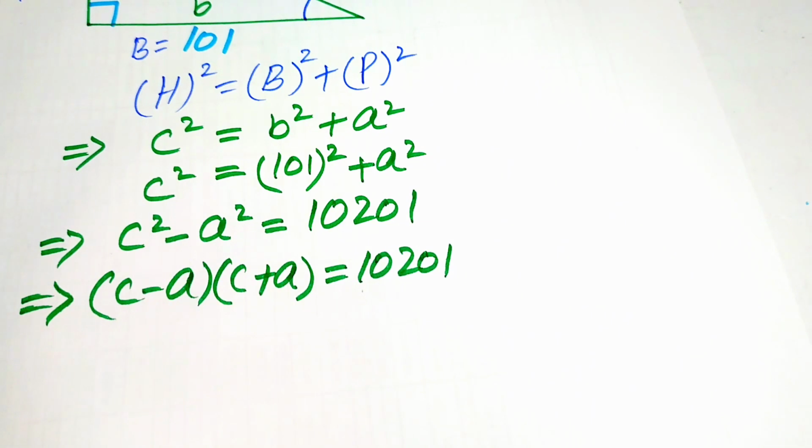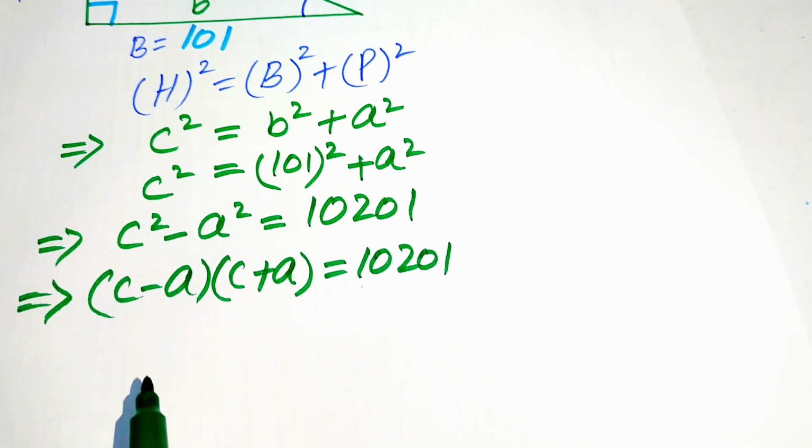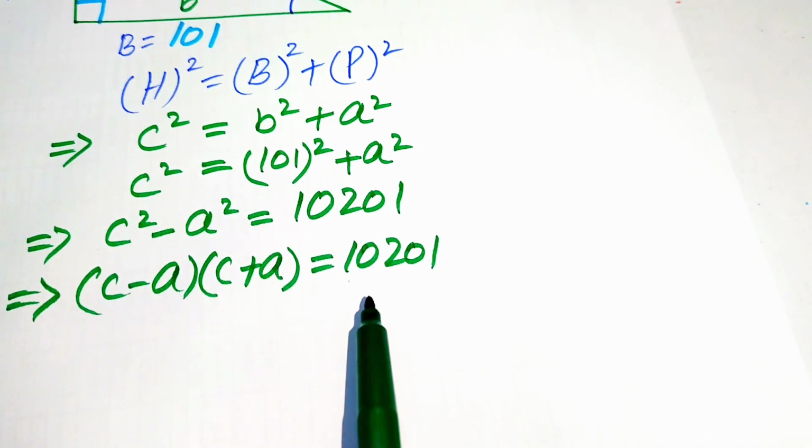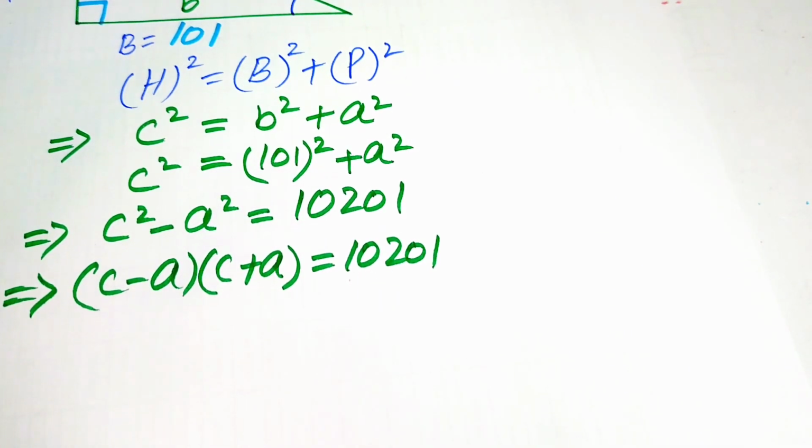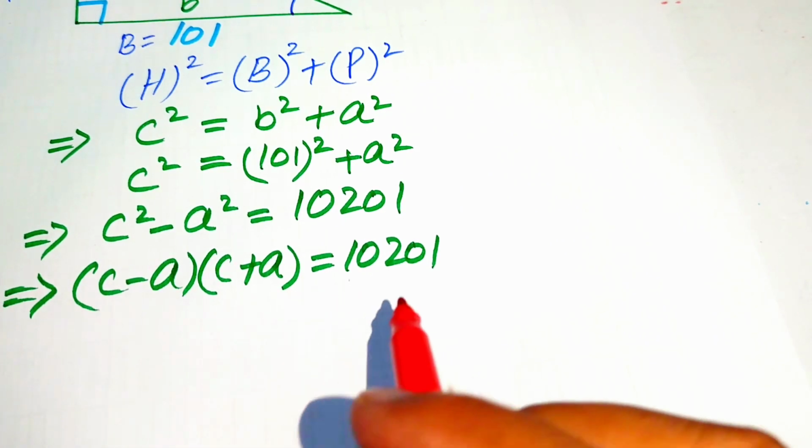10,201. And now you focus on the left hand side and you see here we have two factors. So now we convert two factors on the right hand side. So in the right hand side we have the number 10,201. So now first we find the possibilities in which the product of two factors is 10,201.